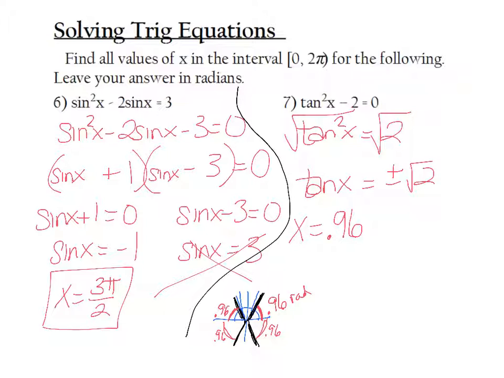Let's come up with all the different angles, though, as you wrap around the unit circle. I've got my 0.96. To get this angle right here that I've marked, probably the easiest way to find that would be to take pi, subtract out the 0.96, and I'm right here. I'm going to take pi in my calculator minus 0.96. The next angle measurement would be 2.18.